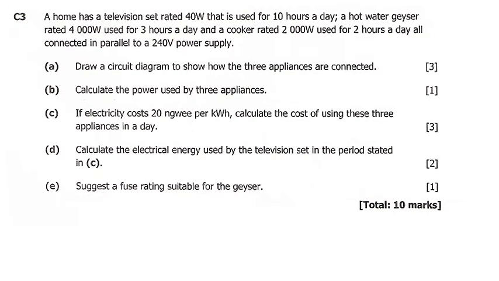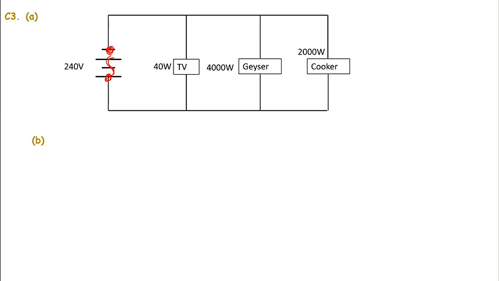So we just add it. The total power is equal to 40 watts plus 4000 watts plus 2000 watts, which gives us 6040 watts. This is the total power. So power is added like we add numbers, whether in series or in parallel circuit.